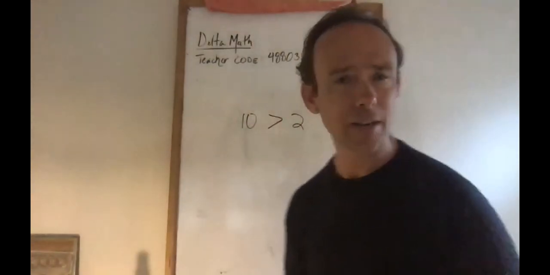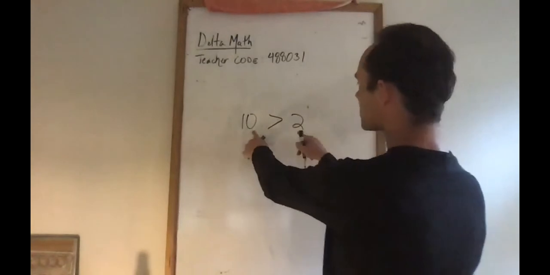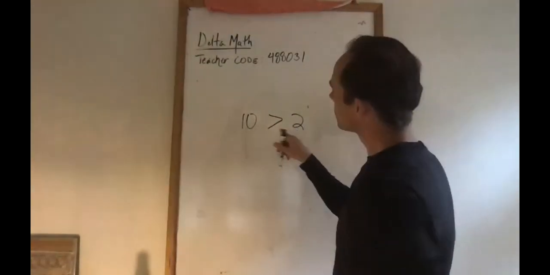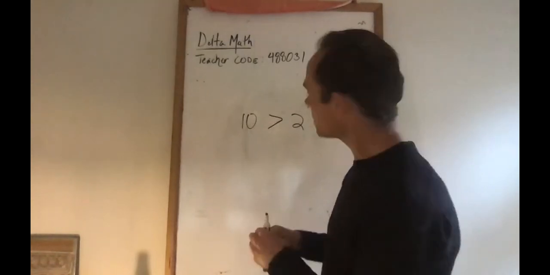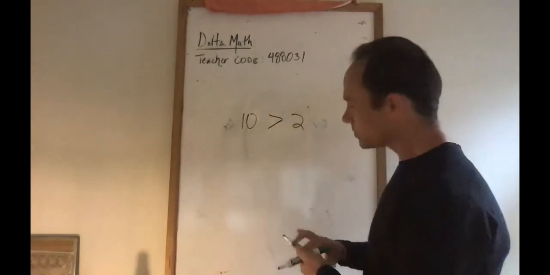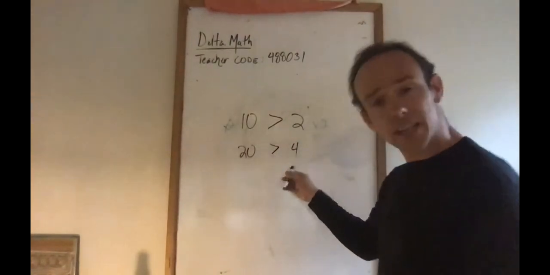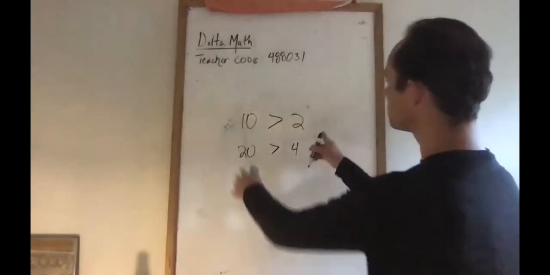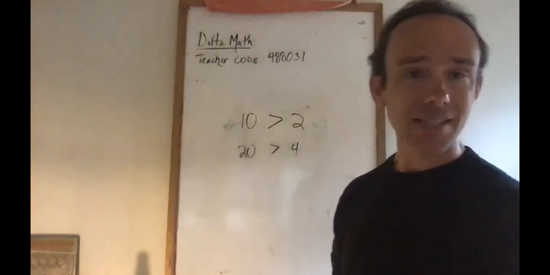You can just do it and see what happens. We know that 10 is bigger than 2. If you multiply both of them by a positive number, like 2, you get 20 and 4. And 20 is still bigger than 4. So when you multiply by a positive, you don't need to flip the inequality because it's still true.